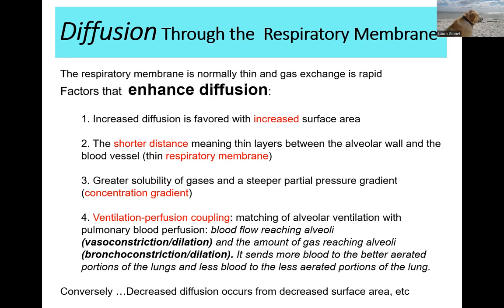Okay, so if more air is going to be pumped into and out of certain areas of the lungs and not require your lungs to fully expand, then there's no need to send a lot of blood to an area where you're not going to have a lot of gas exchange occurring.